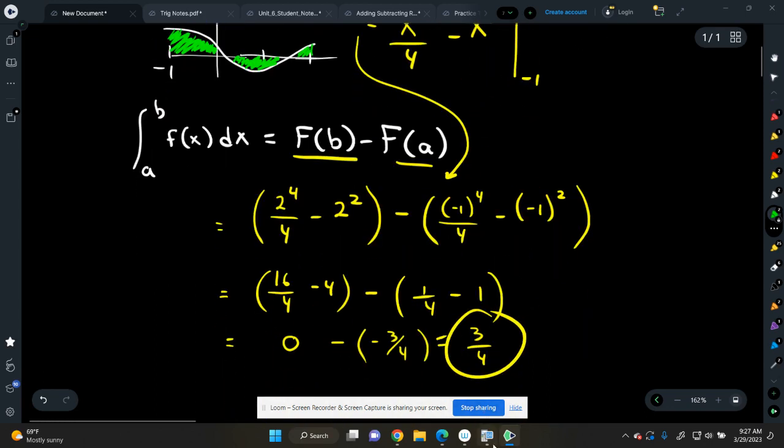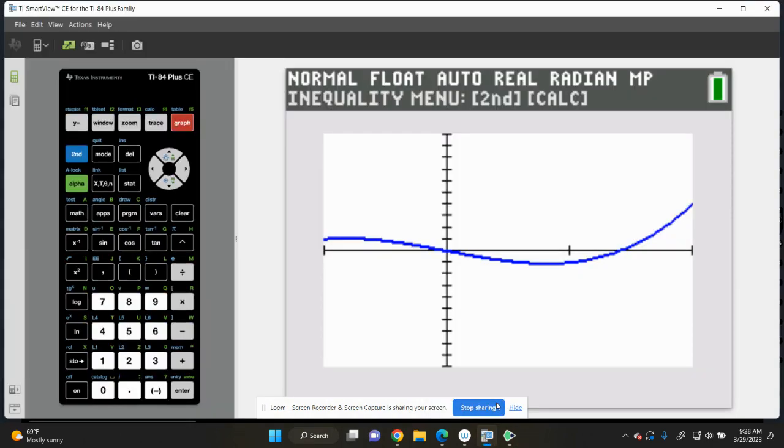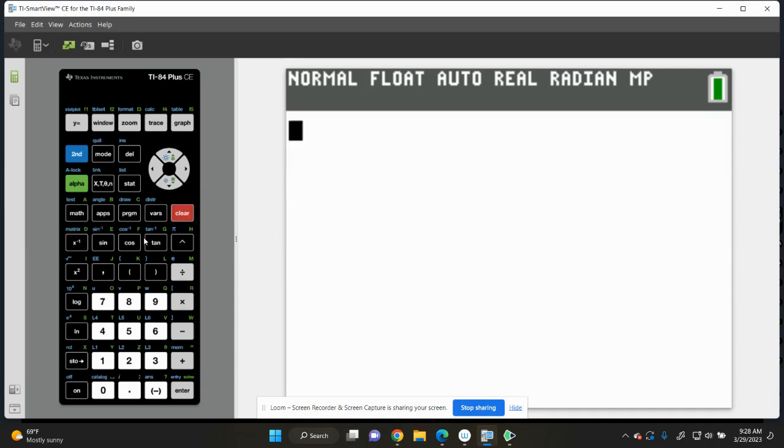Now, we can also check this on our calculator because this is really nice. This was a pretty straightforward one, but sometimes when they get complicated, it's helpful to check it on our calculator. So let's do that. Take your calculators out so that you do this and remember how.